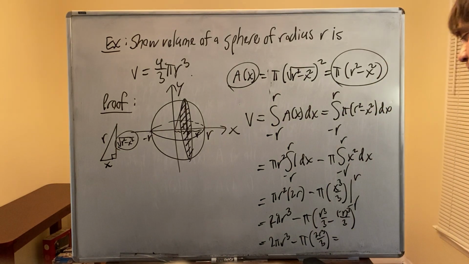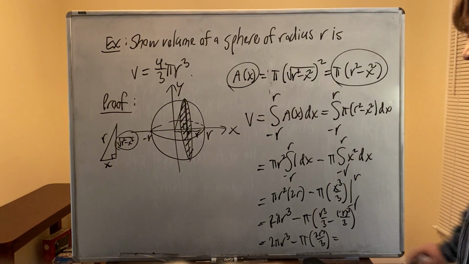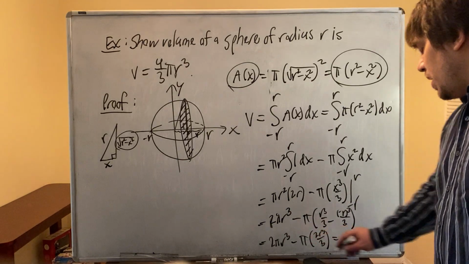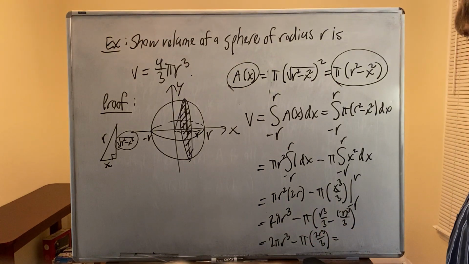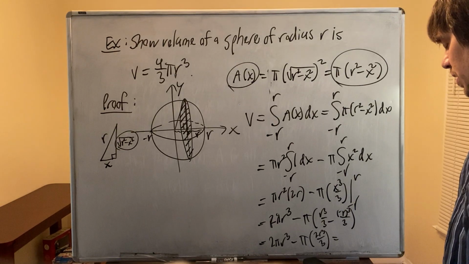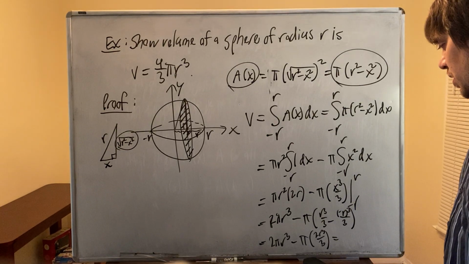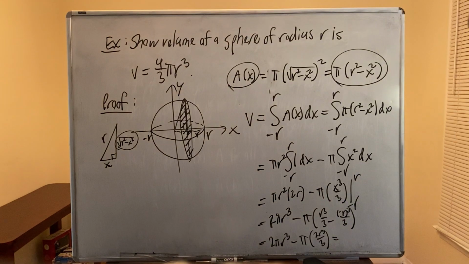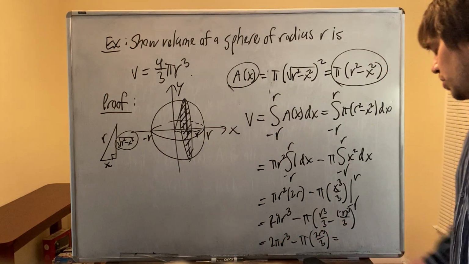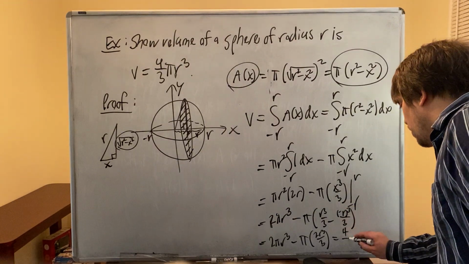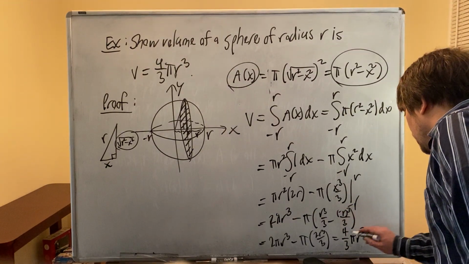And so with some algebra, you just get 2 pi r cubed minus 2/3 pi r cubed, that's 6/3 pi r cubed minus 2/3 pi r cubed. That's equal to 4/3 pi r cubed.